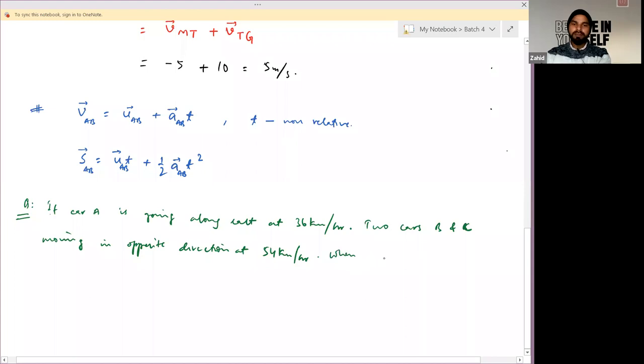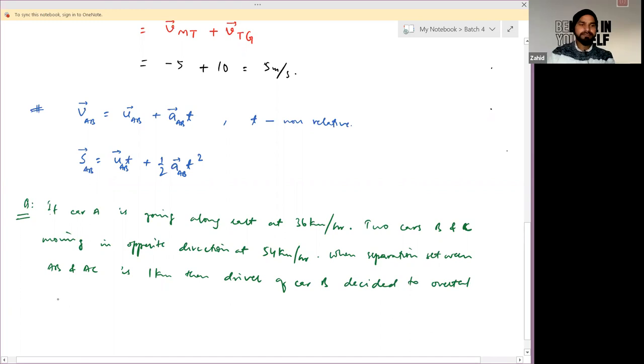When separation between AB and AC is 1 kilometer, then driver of car B decided to overtake car A before car C crosses it.